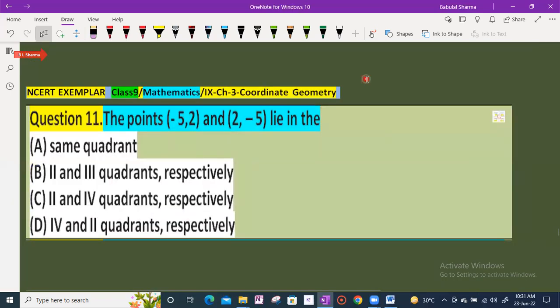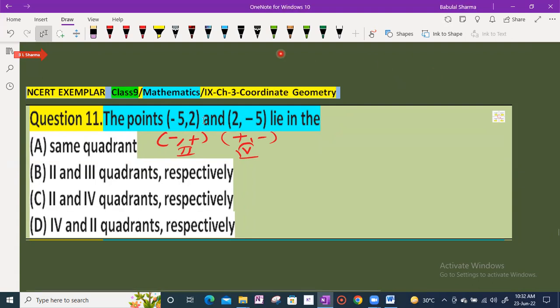Next question is on your screen. The point (-5, 2) means we can say the sign is minus plus, so this will lie in the second quadrant. That is plus and minus, that will lie in fourth quadrant.